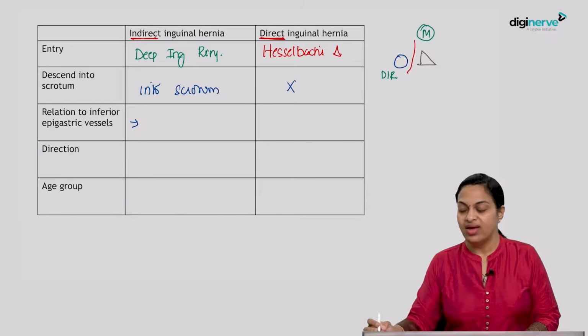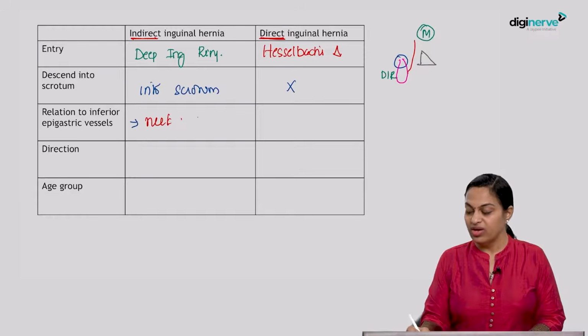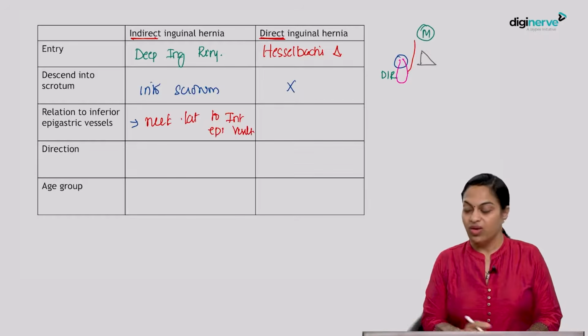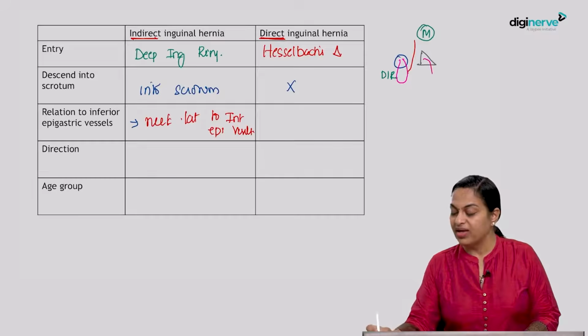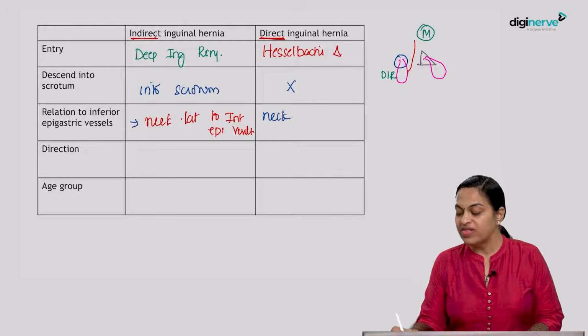So when the hernia comes through the deep inguinal ring, the neck of the hernial sac will lie lateral to the inferior epigastric vessels. If the hernial sac reaches the inguinal canal through Hesselbach's triangle, then the neck of the hernial sac will lie medial to the inferior epigastric vessels. Am I right?